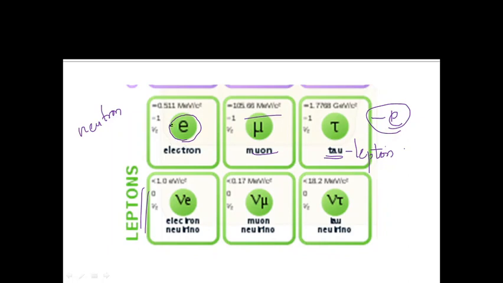Now within this family, electron, muon and tau lepton each have an associated neutrino. For example, electron has an electron neutrino associated with it. Then muon neutrino, which is another fundamental particle, and tau neutrino, which is another fundamental particle. So we can classify electron and electron neutrino together as one family, muon and muon neutrino as the second family, and tau and tau neutrino as the third family.